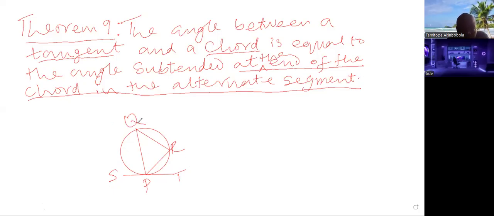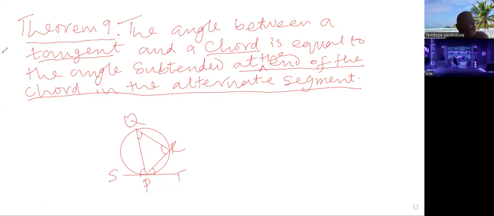Then you have PQ as a chord, PR as a chord, QR or PR, both are chords. So what we are saying in essence is that this angle here, this angle here, this angle here, this angle here, they will be of the same value.